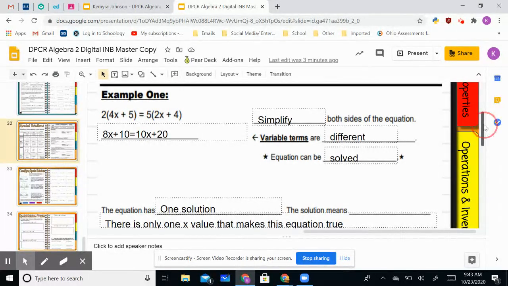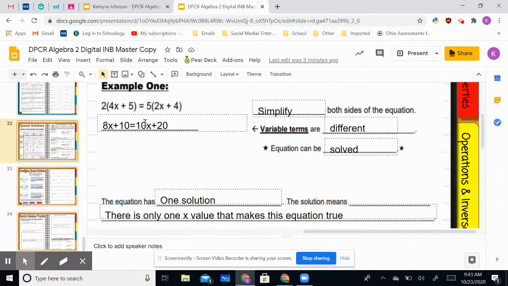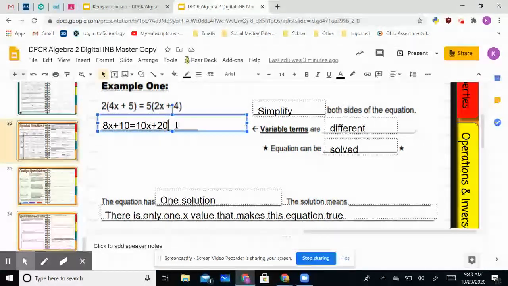Now, if you go through and actually solve this, you bring the 10x over here, or you can bring the 8x over there, whichever one is your preference. I'd bring the 8x over, and that would give me 2x, and on the other side, if I bring the 20 over, that would equal a negative 10.